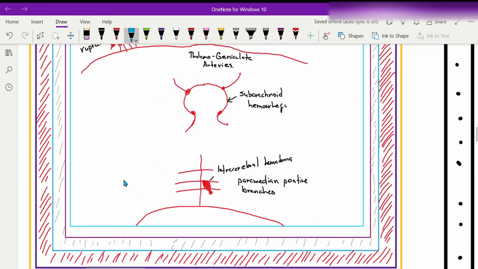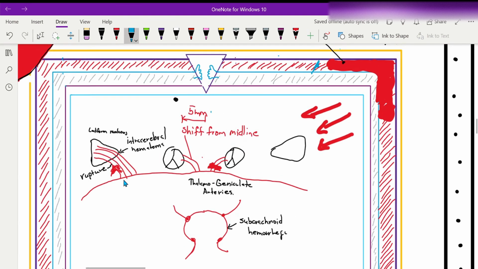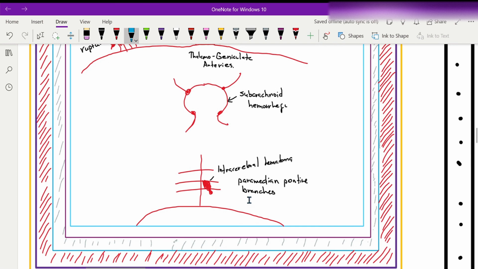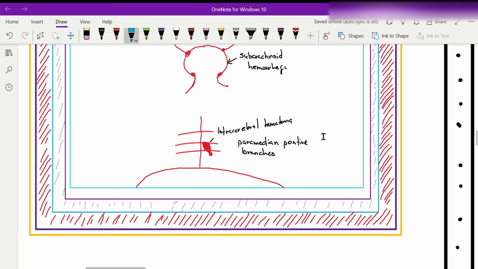These little blood vessels around the lentiform nucleus, and thalamogeniculate arteries will rupture, and paramedian pontine branches will rupture.